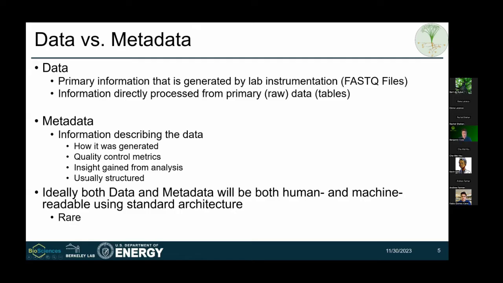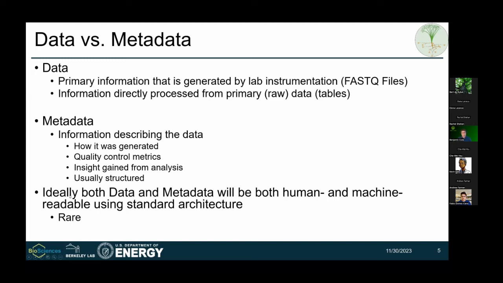What I mean by metadata is all the information that describes the data. This can go from how the data was generated, to quality control metrics, to insights that are gained from analysis of the data. And this is usually, or ideally, structured in a way that everybody will understand. So it has common terms describing what that metadata actually is. For example, a cell type would be a structured term for describing an inference that you've made for a particular cell.